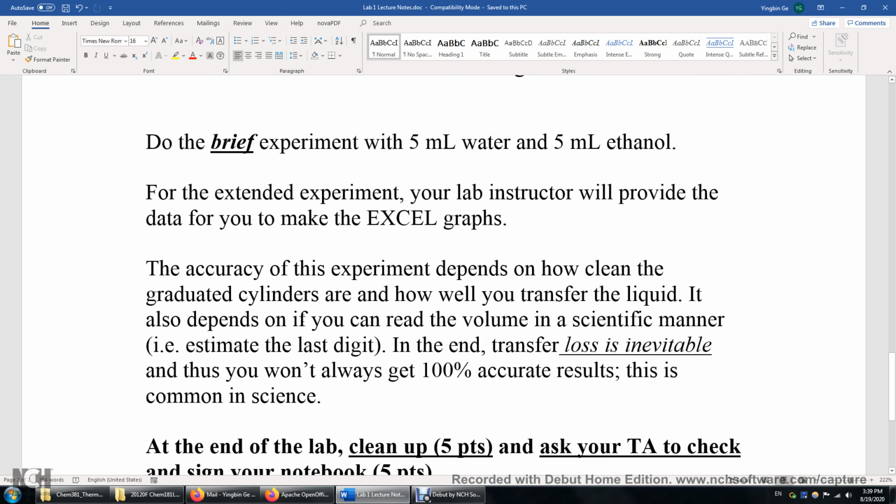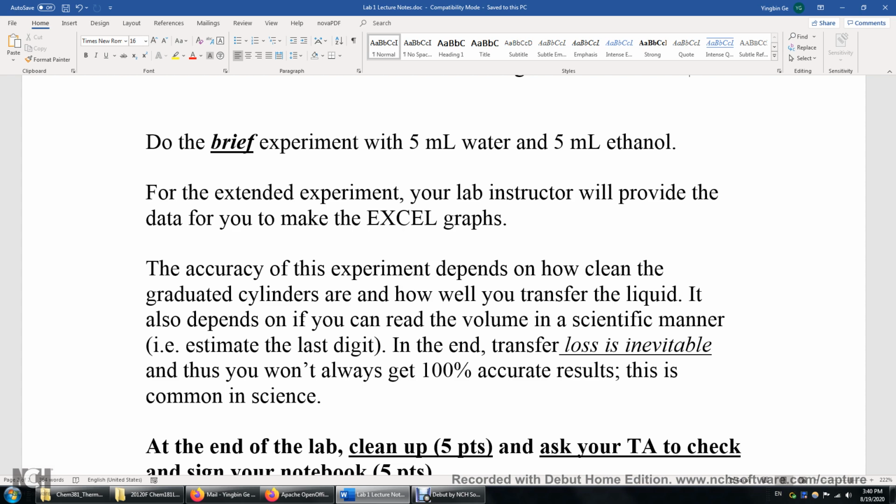The accuracy of this experiment depends on how clean the graduated cylinders are and how well you transfer the liquid. It also depends on how you can read the volume scientifically. That means estimate the last digit as accurately as you can. But in the end, you need to pour a liquid from one container to another container.